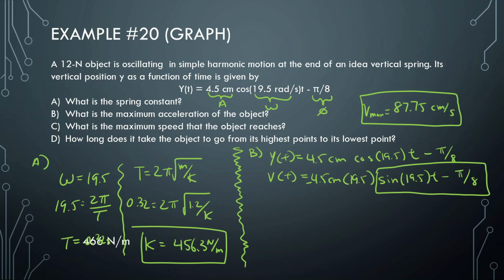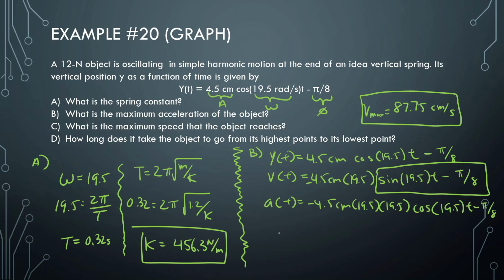Okay, now let's look at the acceleration. We're going to find the derivative of this. The acceleration as a function of time is going to be equal to negative 4.5 centimeters times 19.5, and now we're doing the chain rule again, bringing this down, so this is going to be 19.5, times cosine of 19.5 times t minus pi over 8.